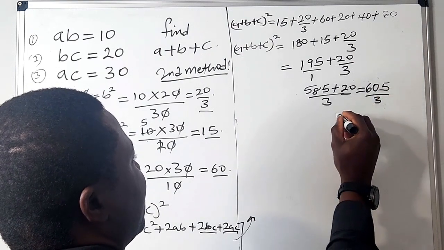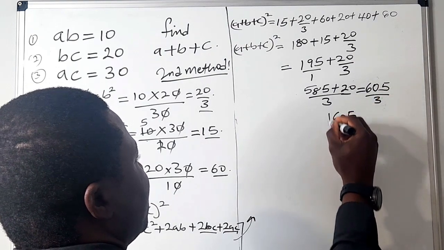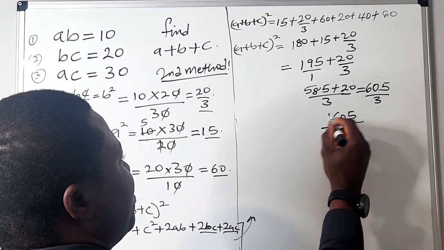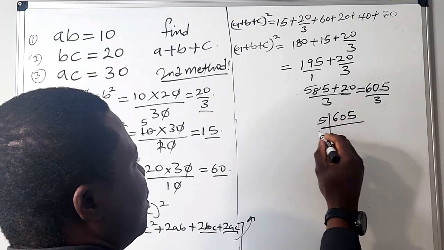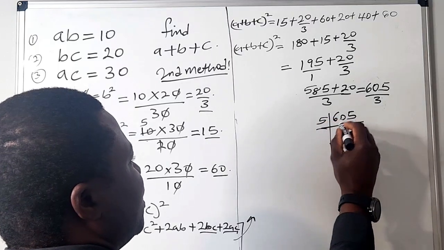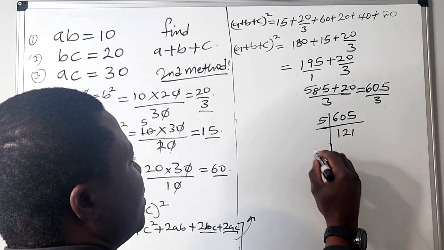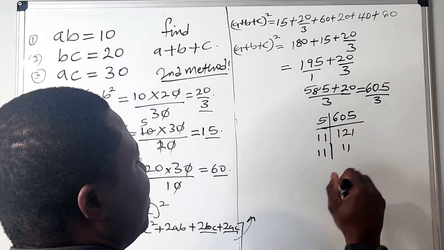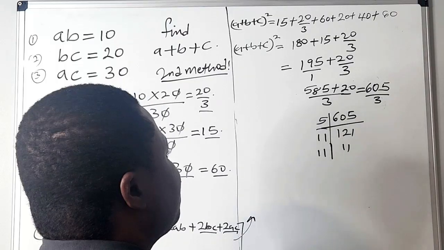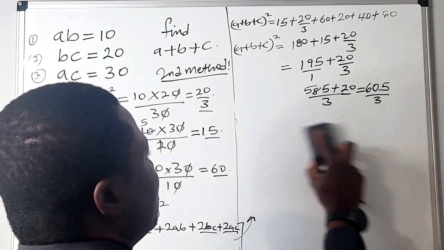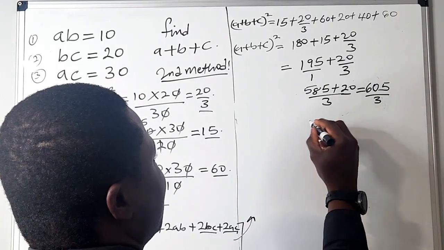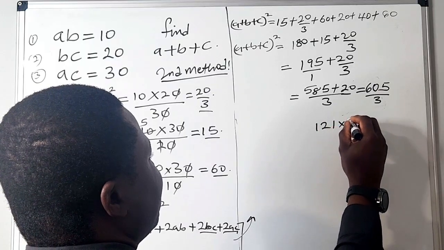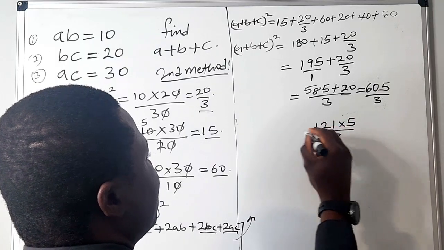So let's break down this 605. Since we have 5 as the last digit, 5 will be a divisor. So we have 121, and then we have 11, 11. Okay? So now we know that this is the same thing as 121 times 5 divided by 3.